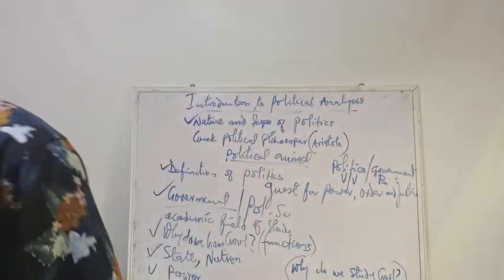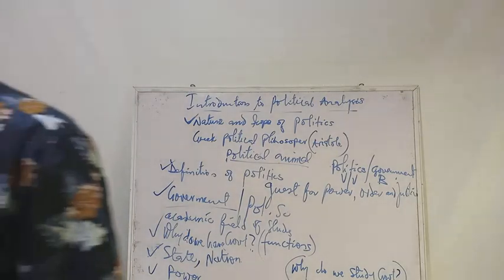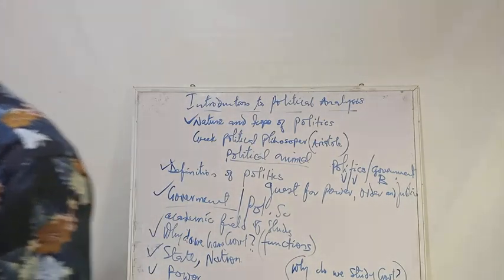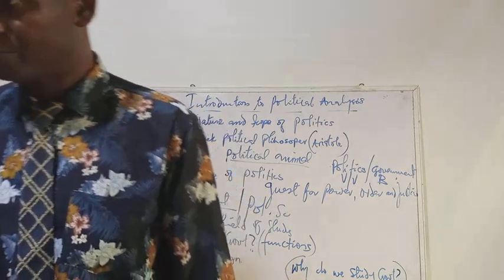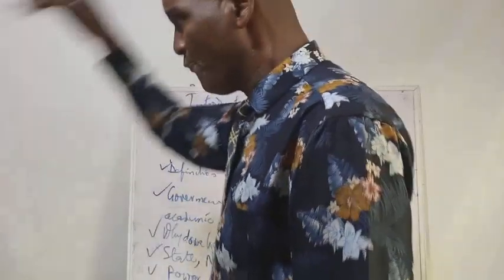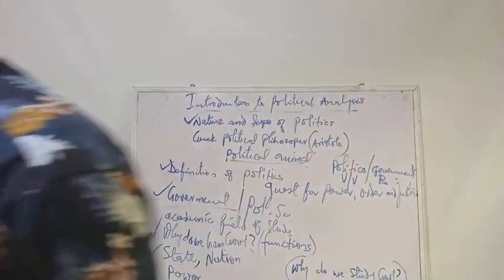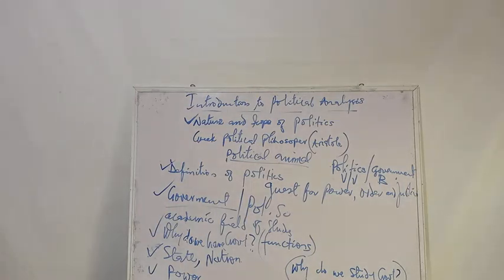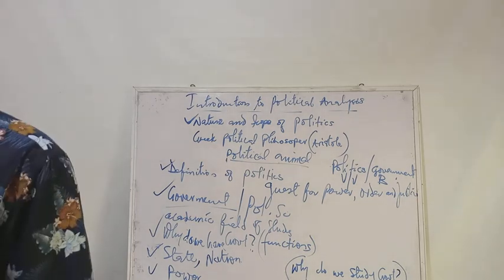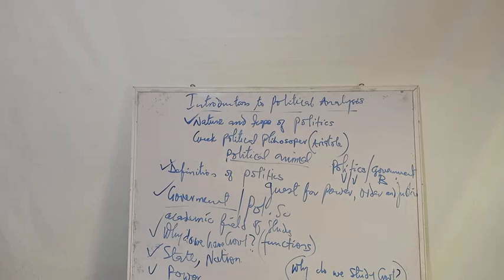All of us cannot be leaders, and all of us cannot be followers. Followers are known as citizens, including the leader. Both leader and followers are citizens of the state.